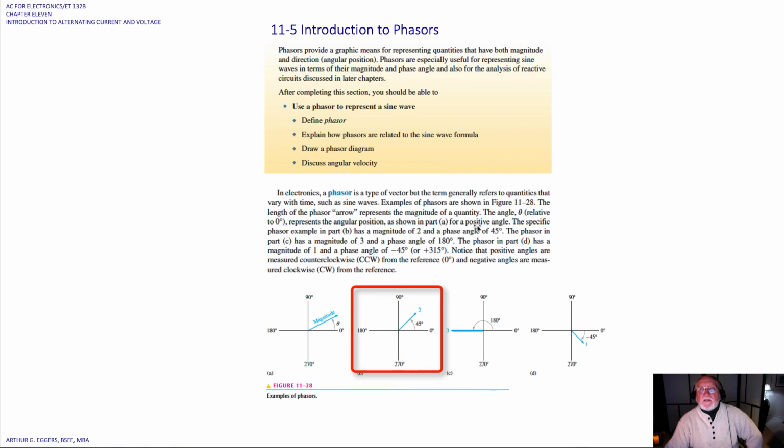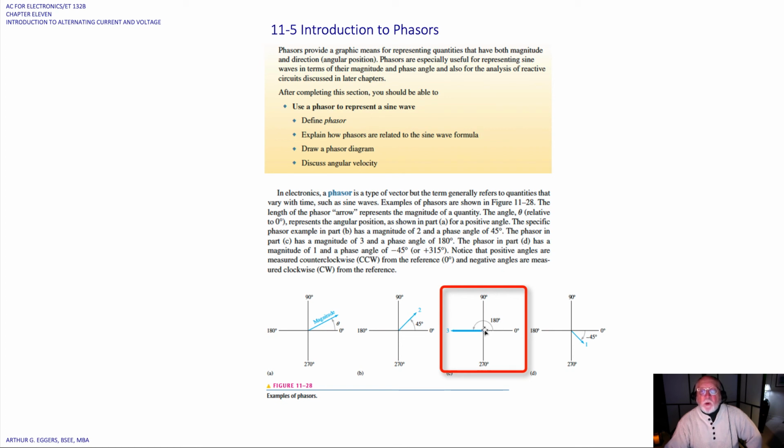for a positive angle. The specific phasor example in part B has a magnitude of 2, so we can see that down here, and a phase angle of 45 degrees, which perfectly bisects 0 and 90. The phasor in part C has a magnitude of 3. Notice it's fully on the axis, pointing in the negative direction, with a phase angle of 180 degrees.